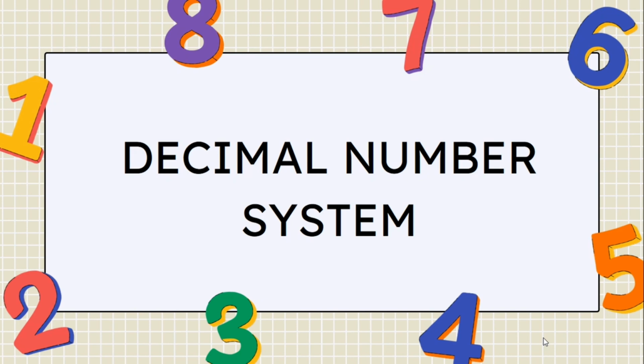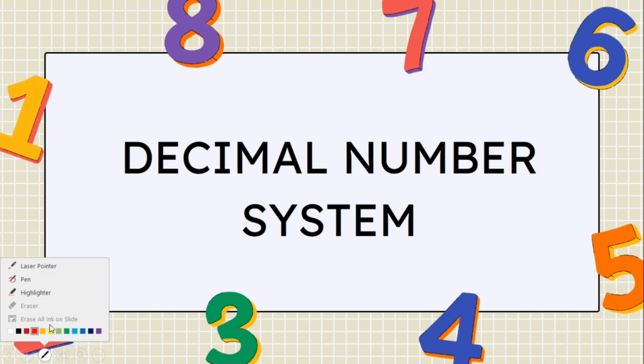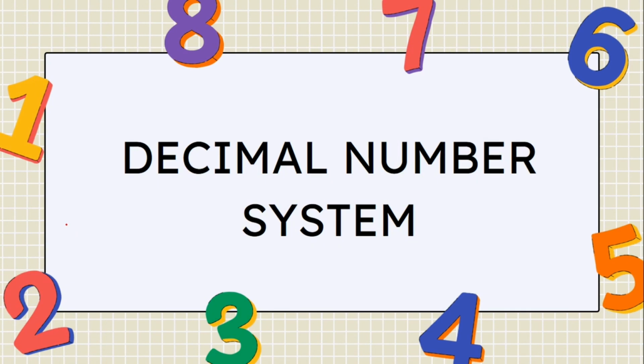As it is said, a number system has a set of symbols and rules. In decimal, the mark of the decimal system is base 10, only 10.